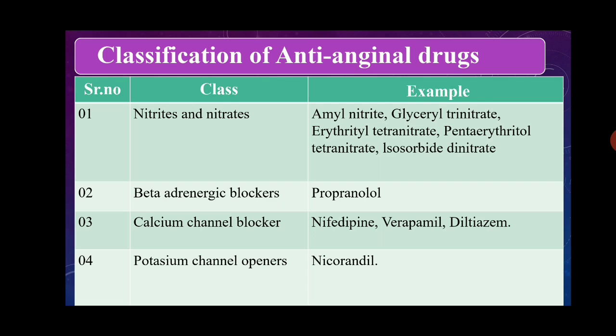The second class is beta adrenergic blockers. An example of these beta adrenergic blocking agents is propranolol.